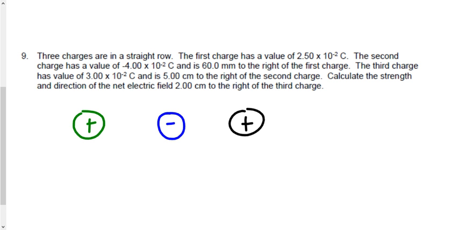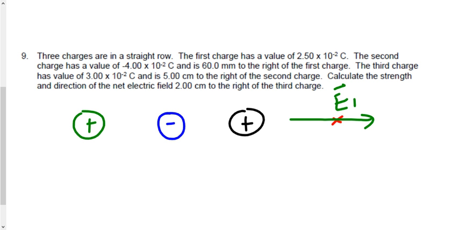We want to find the field strength to the right of the third charge. Now, the field caused by the green one is which way? Forget about the blue one and black one for a second. The green one is to the right. It's away from the positive.